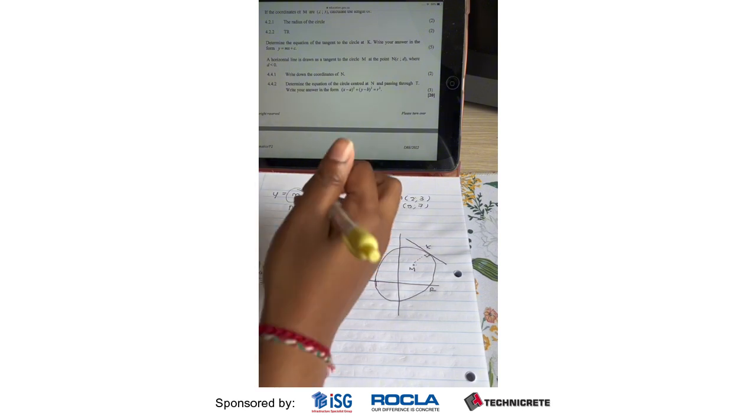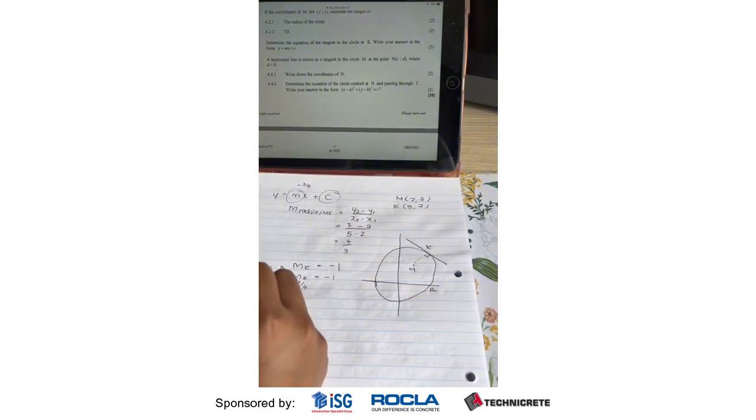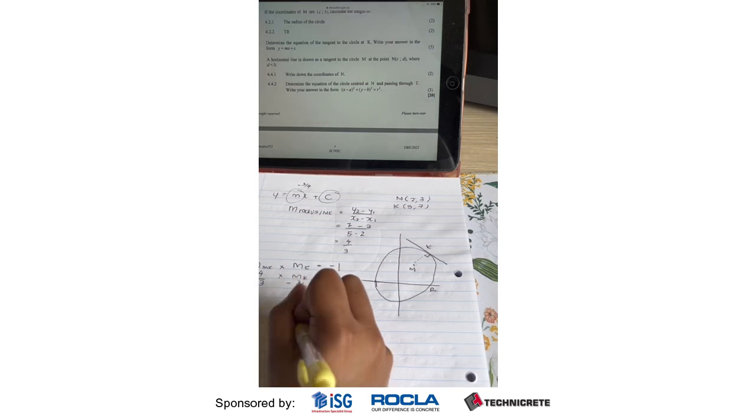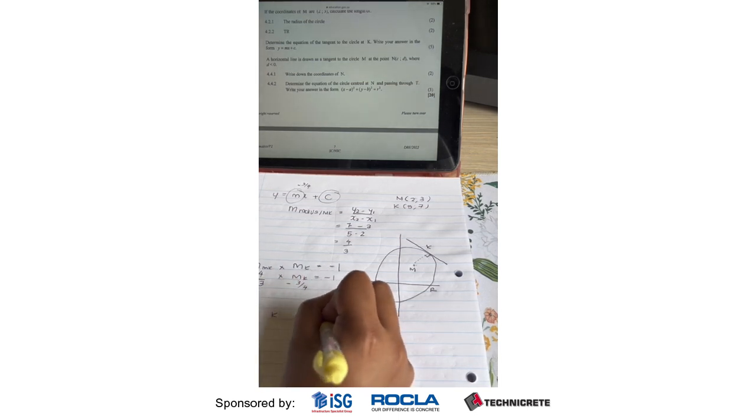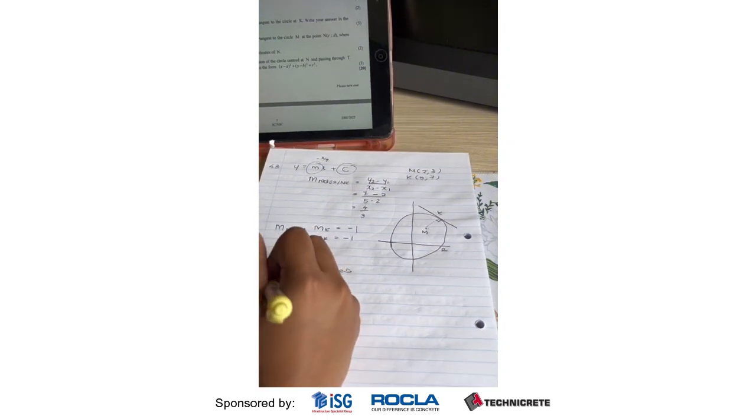Now that we have the gradient, -3 over 4, we want C. We can substitute our K values to find that value. Okay, so let's substitute.